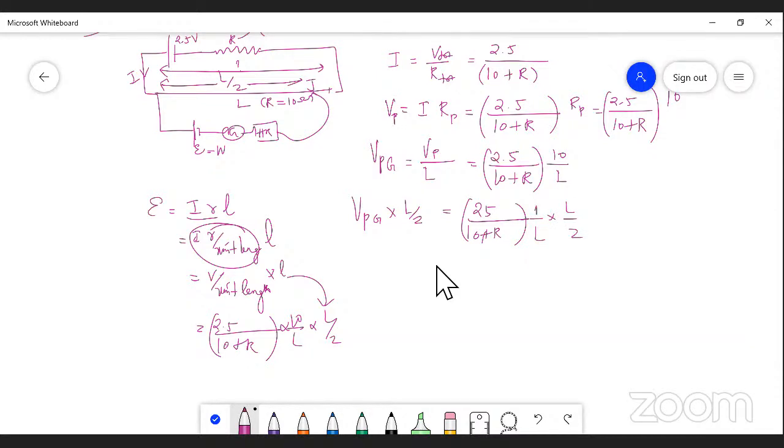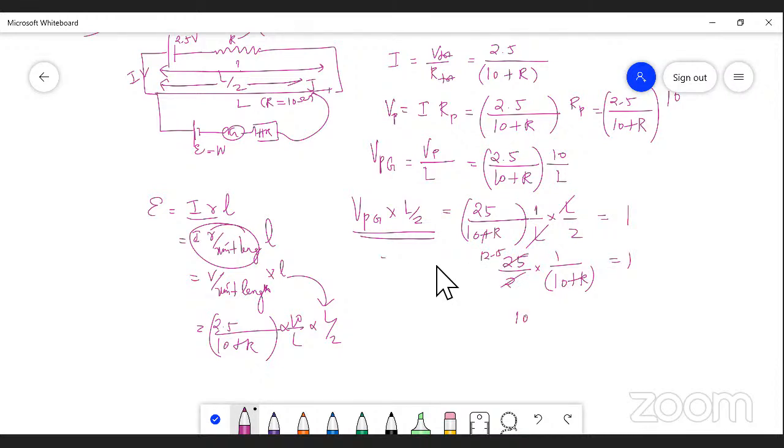This is equal to the EMF of the cell, which is 1. So L cancels out. 25 divided by 2 into 1 by 10 plus R equals 1. This is 12.5.